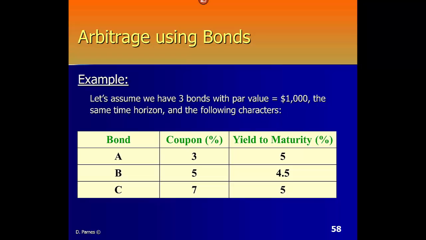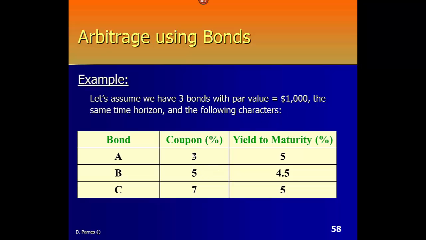That's the first step. The second step is to pay attention that we're trying to replicate the same coupon rate as bond B. They all have the same par value, but we will try to replicate the coupon rate of bond B. We will make a portfolio between bonds A and C with the right proportions, the right weights, to replicate the same coupon rate as bond B. Here the solution is pretty straightforward.